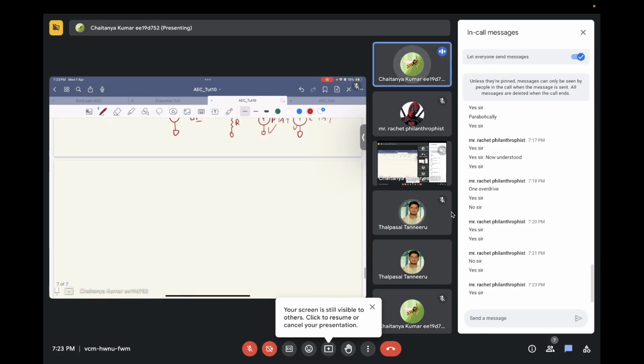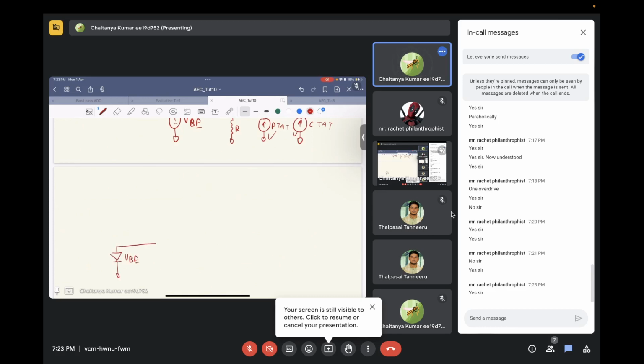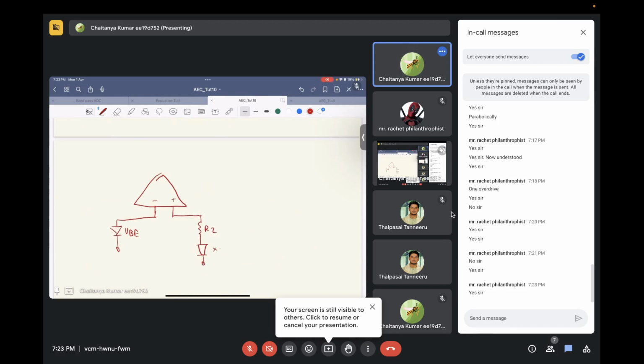So we'll try to make this circuit. Okay, so let's try that. So we have VBE over here. This was negative, this was positive. R2, this is NX stuff.